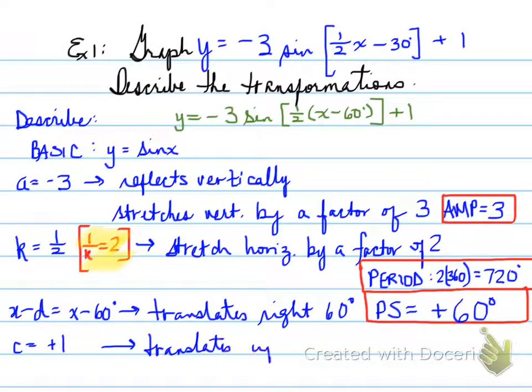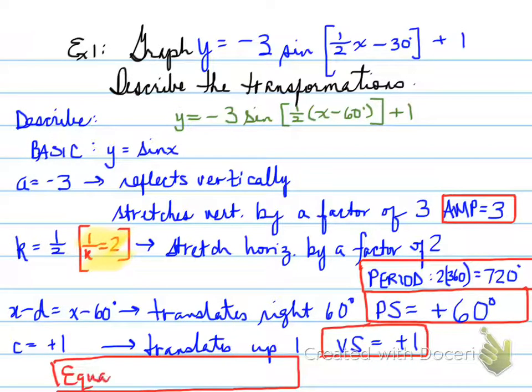The last part is c. c is equal to plus 1. So this function translates up 1. How does that affect the function? Well, it's called the vertical shift. The vertical shift is plus 1. From there, we can determine the equation of the axis. The equation of the axis is always the max plus the min divided by 2.